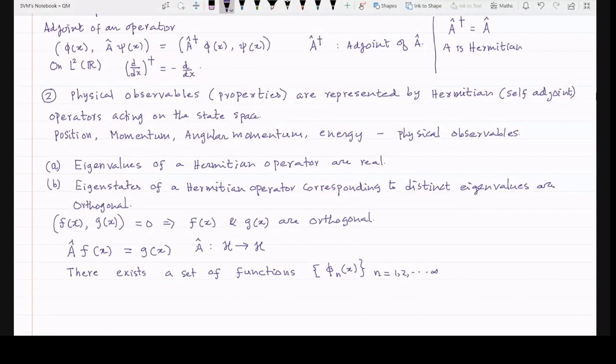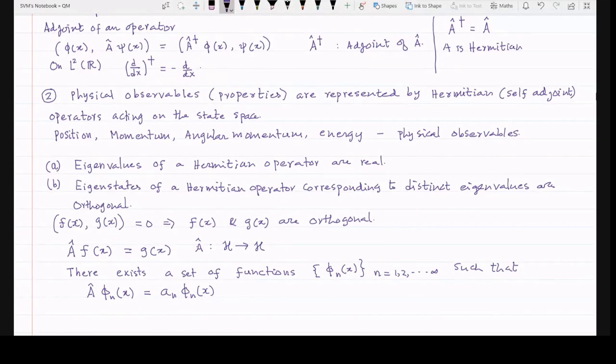There can be a set of functions such that when A is acting on any one of these functions, let's say A on phi n of x, the function will not change, but it will simply get resized. That means it will be multiplied by some scalar quantity a n.